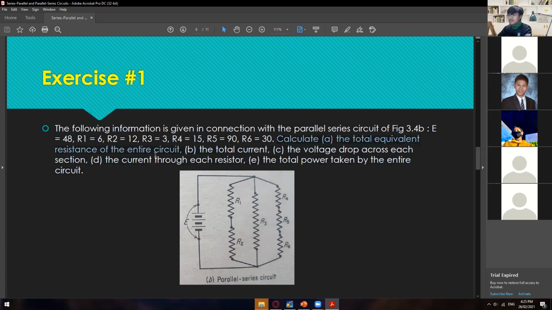Calculate the total resistance, total current, the voltage drop across each section. We have 3 sections right here. And then the current through each resistor, so I should see 6 individual currents. And then the total power taken by the entire circuit.